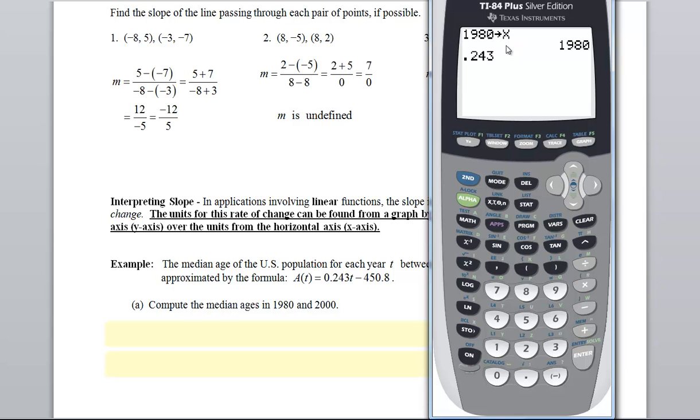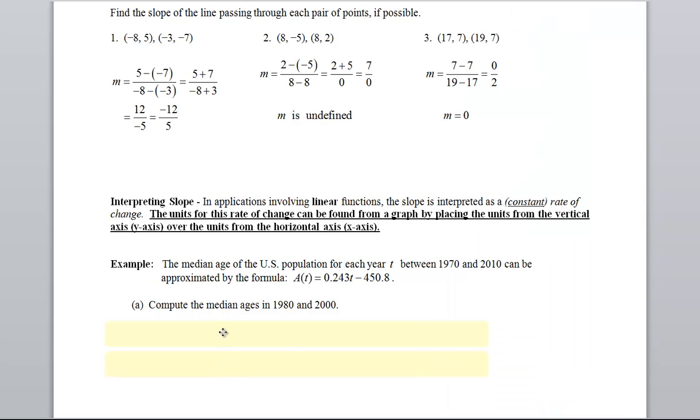Now if you notice, I put it in for x because if they have a t here, I could interchange that with another variable. So since x is so convenient, I like to use it. Minus 450.8. So it looks like the median age for 1980 was about 30.34 years. So let's see what I've got.